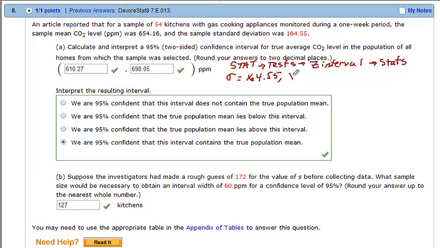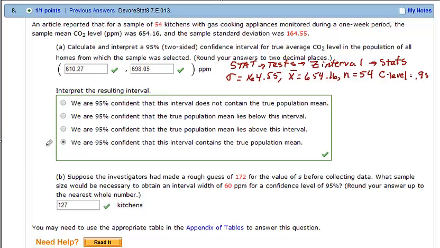Next, they want me to give the sample mean, and that would be 654.16. And then the number in my sample, that would be 54. And my confidence level, C level. And this one, they want a 95% confidence interval, so I would key in 0.95, ask it to calculate, get those values.